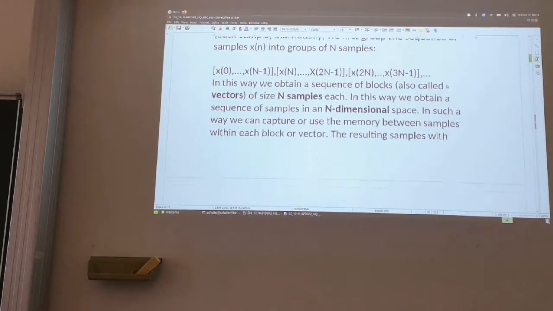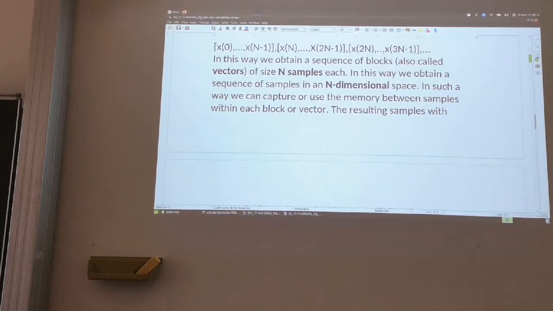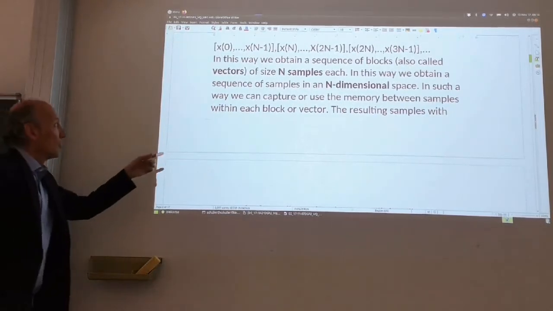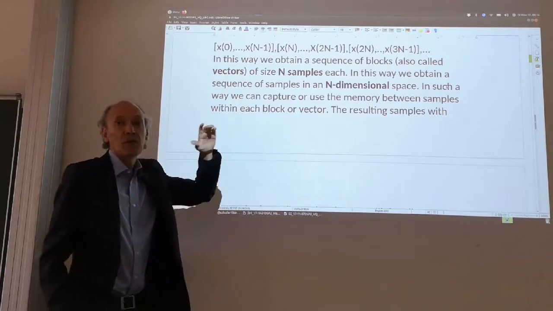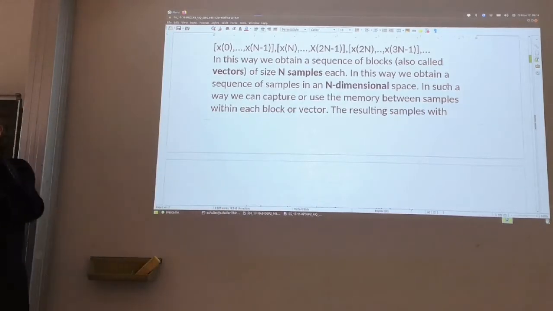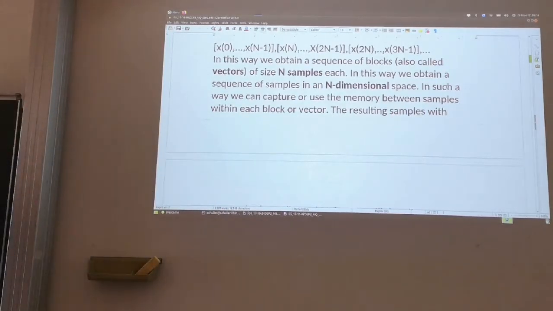In such a way we can capture or use the memory between the samples of each block or vector, because then the resulting samples in the higher dimensional space will lie in a hyperplane. They will have a pattern in this higher dimensional space.